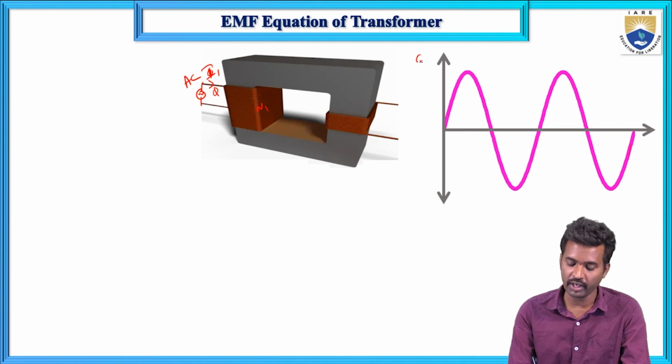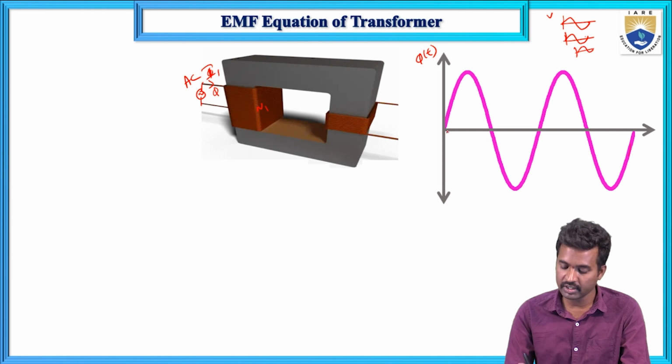That flux is phi, that is phi of t. If the AC voltage is a sine wave, this current is also a sine wave, whose magnitude depends on the primary winding impedance, and this current sets up the flux, which is also an AC sine wave.